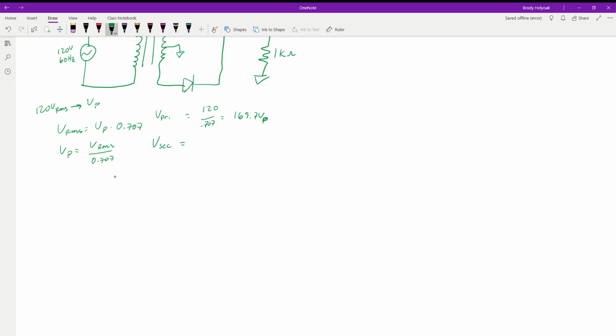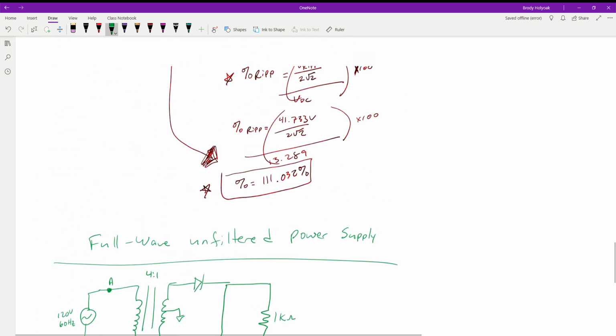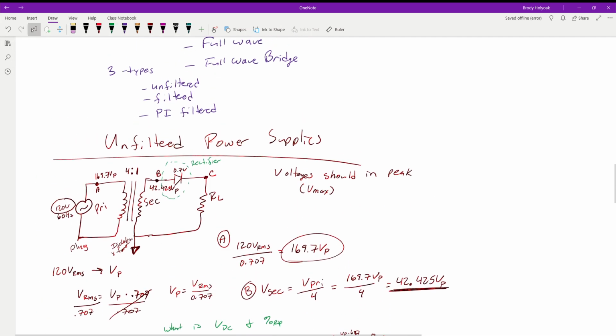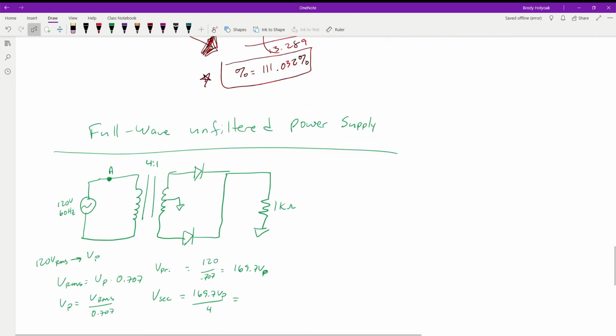V secondary is equal to the 169.7 volts peak divided by 4, and that gives us a total of, same as what we had last time, I'm going to go up and cheat real quick because I can't remember off the top of my head and I didn't write it down, 42.425.